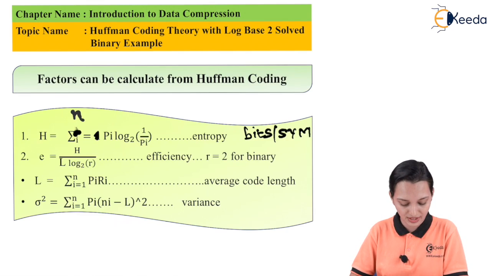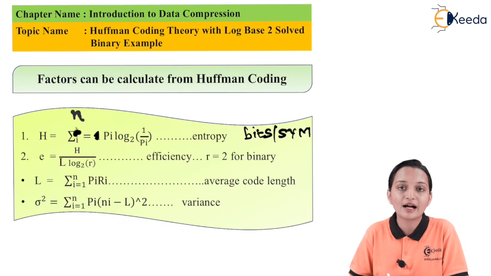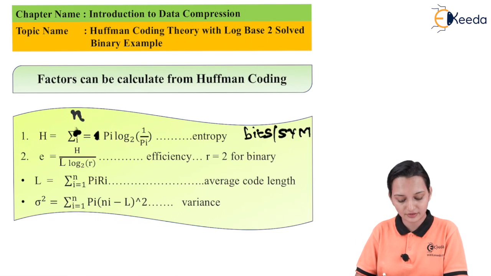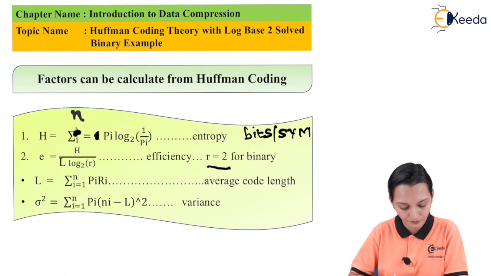Second one is efficiency. Efficiency is H divided by L log to the base R. Here R is 2. Why? Because we are interested in calculating binary examples. So R is 2. H is the entropy, which is already calculated in the previous step. And L we have to calculate, that is the average code length.